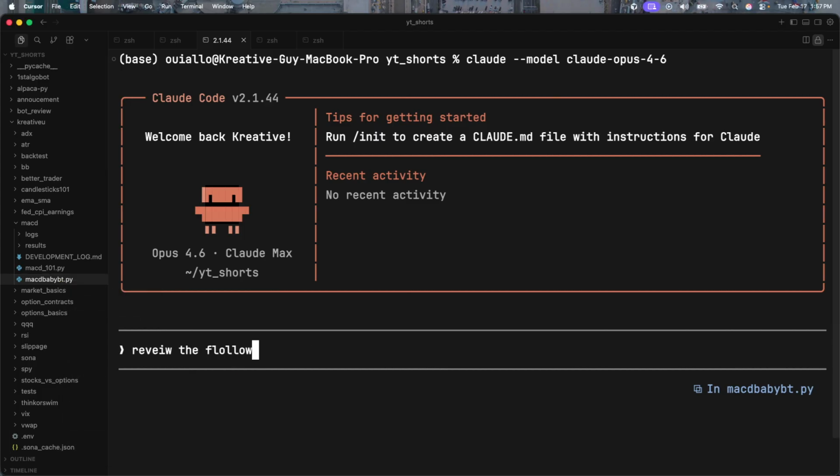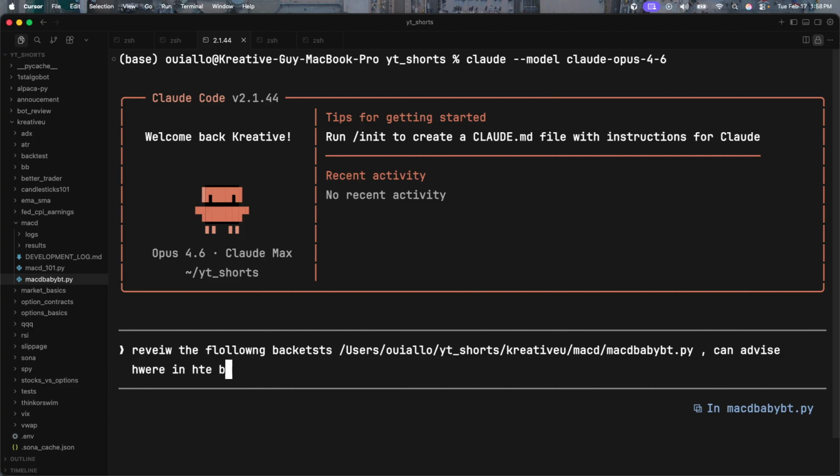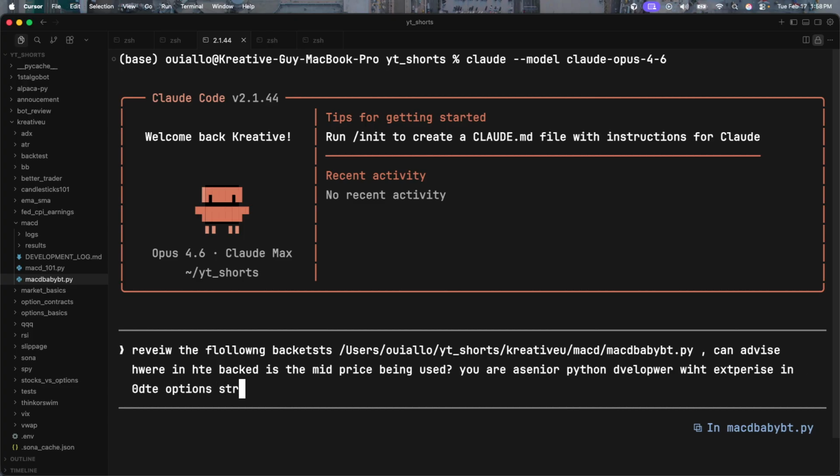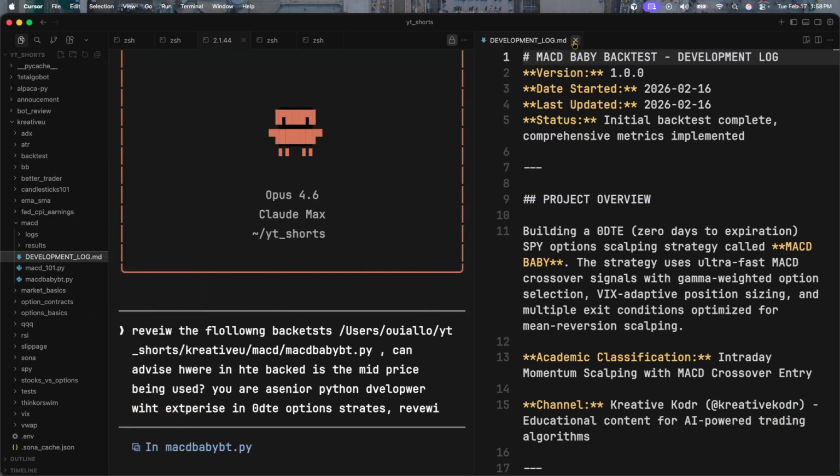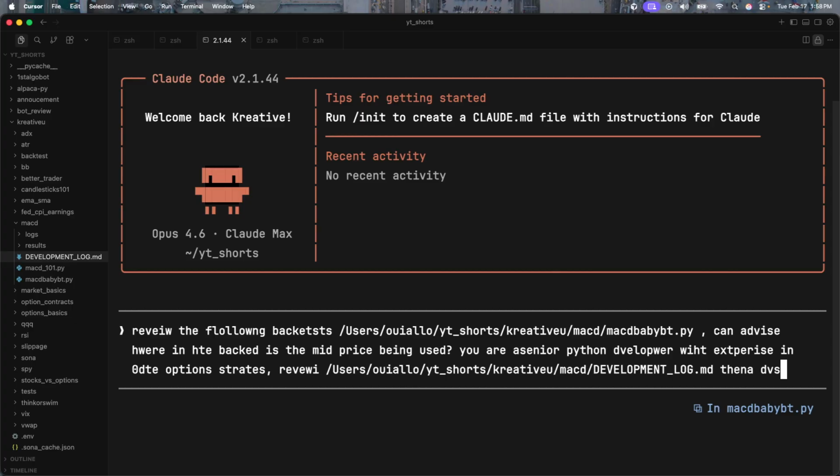Review the following backtest. Can you advise where in the backtest the bid or mid price is being used? You are a senior Python developer with expertise in 0DTE option strategies. Also, I have this little log for you.